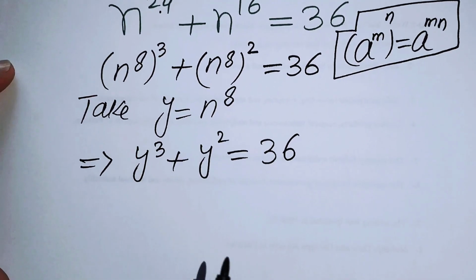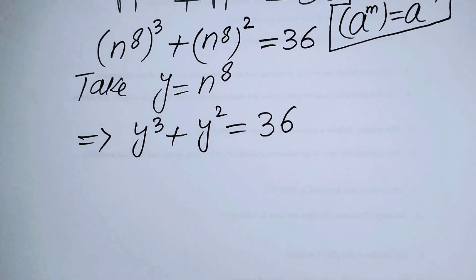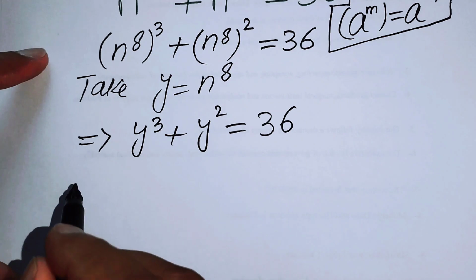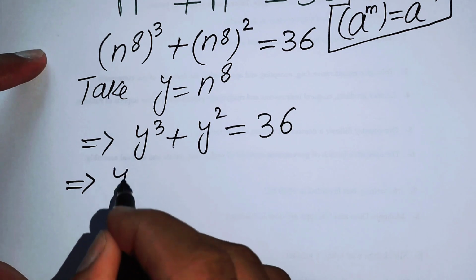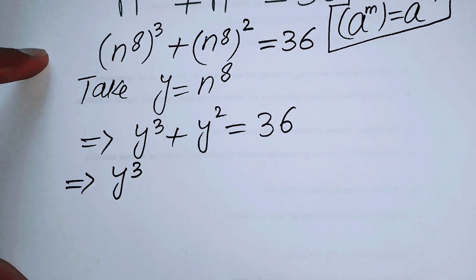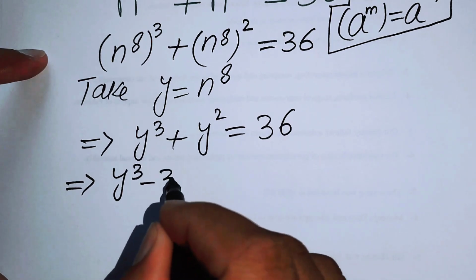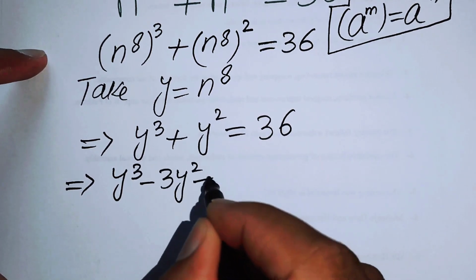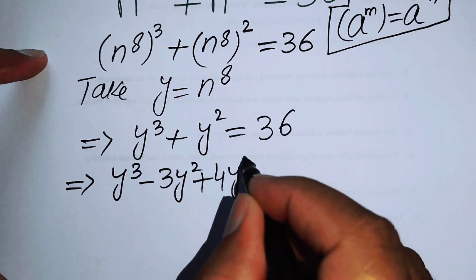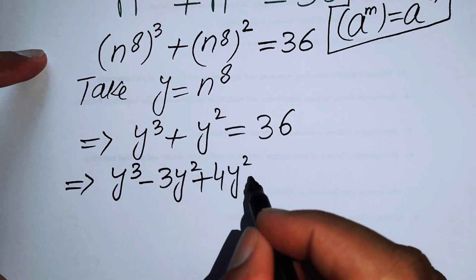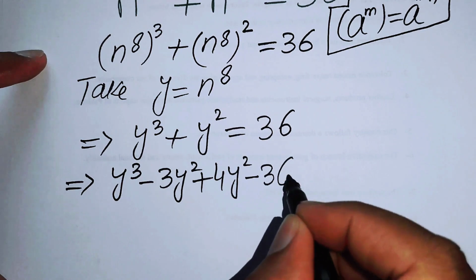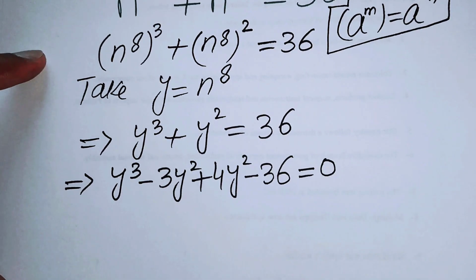After that we can factor this equation. In order to find the factors, we can rewrite it as y cubed plus y squared, and I can write this plus y squared as minus 3y squared plus 4y squared, and we move this 36 to the left hand side, minus 36 equals 0.